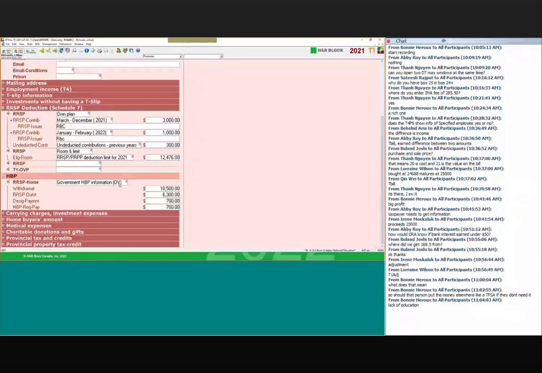In this case, Lillian did a withdrawal of $10,500, and she has an outstanding amount of $6,300. And you get all this information from REPA-Client, by the way. Her required payment is $700, and she only wants to designate $700 of RSP contributions on here.